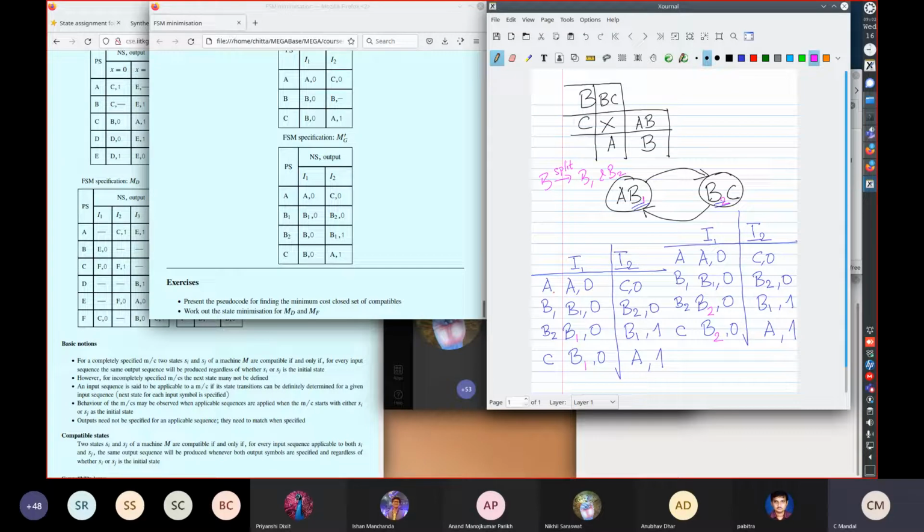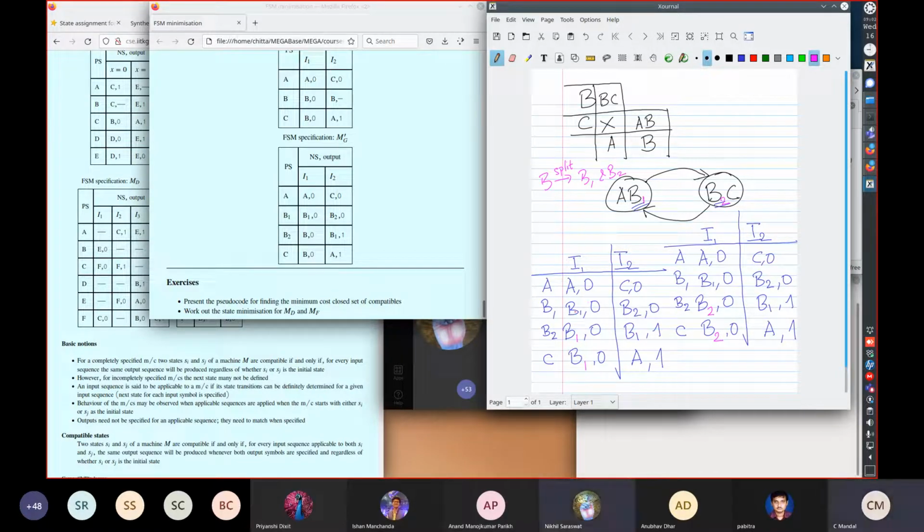If you make it B2, then A cannot be compatible with B1, right? Because if you want A to be compatible with B1 and you keep it B2 here, then A must also be compatible with B2, and there's a problem: A and B2 will not be compatible.